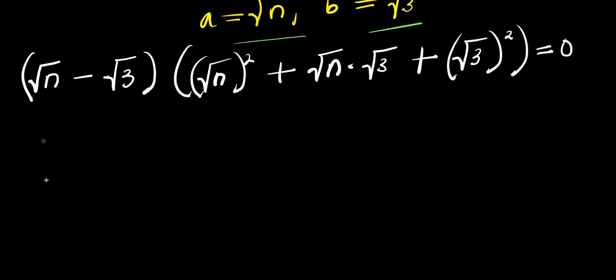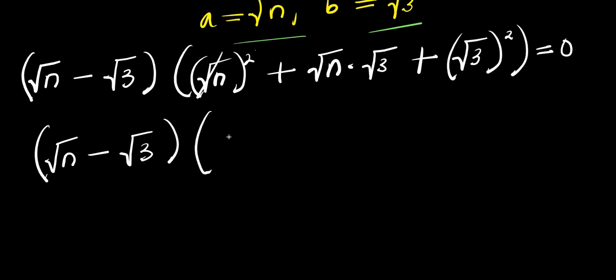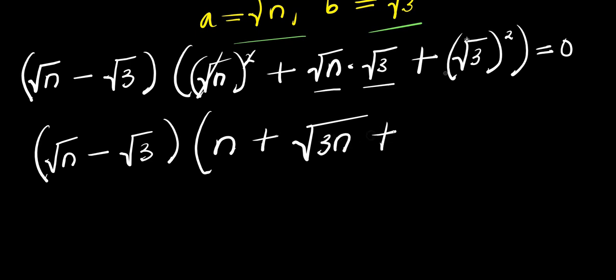So from here, I have square root of n minus square root of 3. This cancels this, I have n plus square root of n times square root of 3, that is square root of 3n, plus this cancels this, I have 3, and this equals 0.